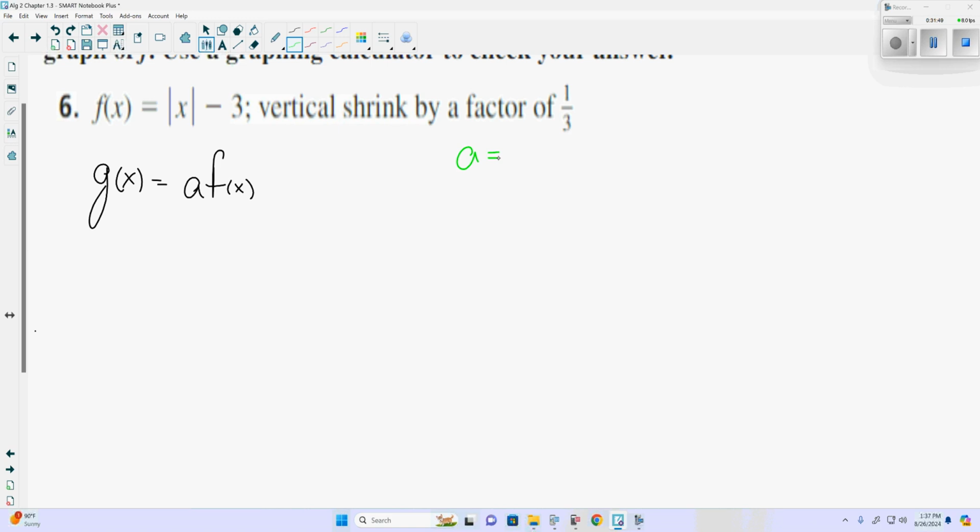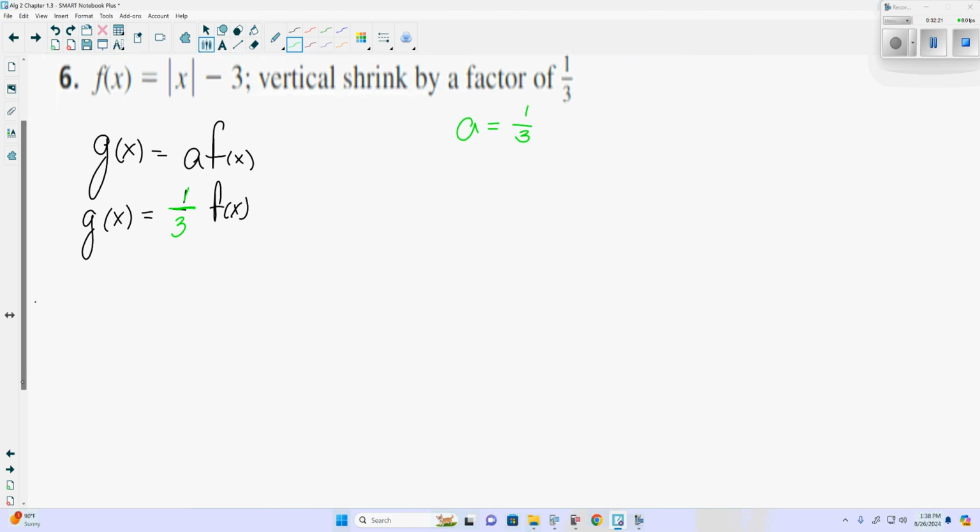Now for this one here, what's our value of a? One-third, 1/3. Since it's vertical, we don't have to do anything to it. Since we have our value of a, we can replace a in our general form with its value. So now we're saying 1/3 times f of x.